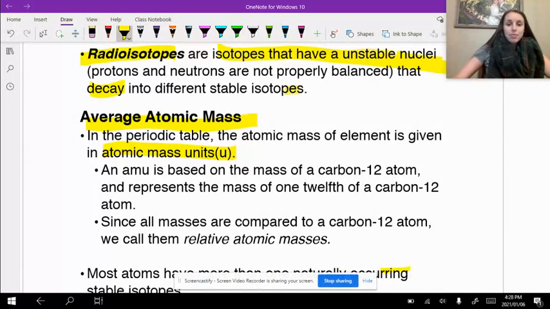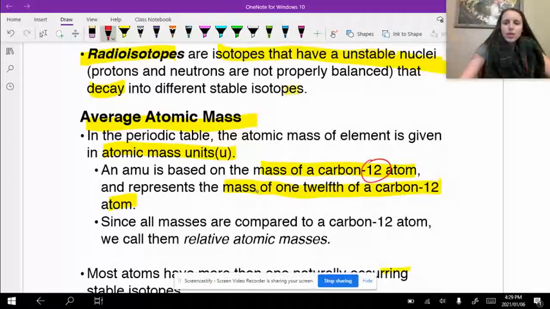AMU is technically based on the mass of a carbon-12 atom. Why a carbon-12 atom? Because that's what we were studying at the time when we were looking at the units for average atomic mass. An AMU represents the mass of 1/12 of a carbon-12 atom. In a carbon-12 atom, we know that there are 12 protons.